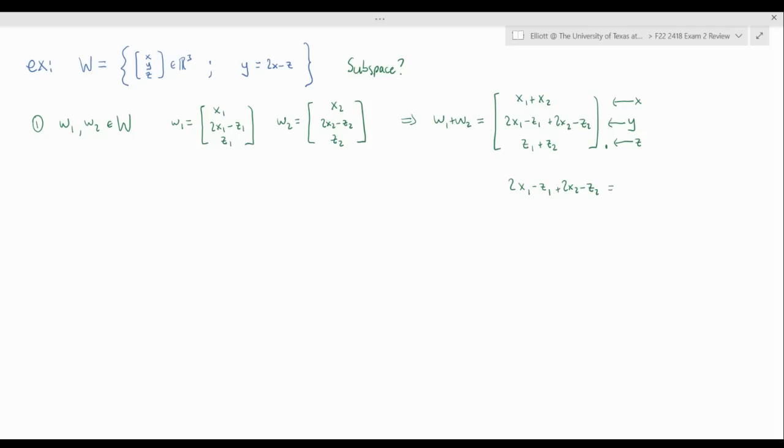Notice that you can rewrite this as 2 times (x1 plus x2) minus (z1 plus z2). So this was the y coordinate of our vector, and we see that it is twice the x coordinate minus the z coordinate.